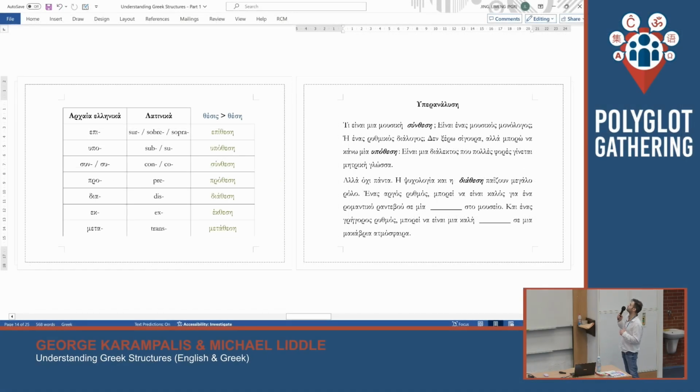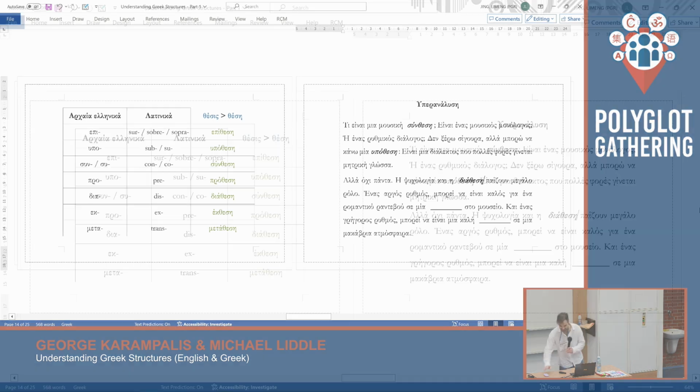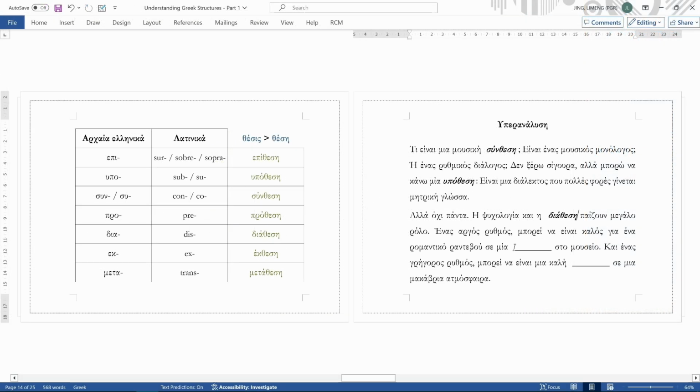Psychology and mood play a big role. A slow rhythm can be good for a romantic date at a blank museo, I guess you understand, I don't need to translate. Ωραία, ευχαριστώ. Έκθεση. Exposition.